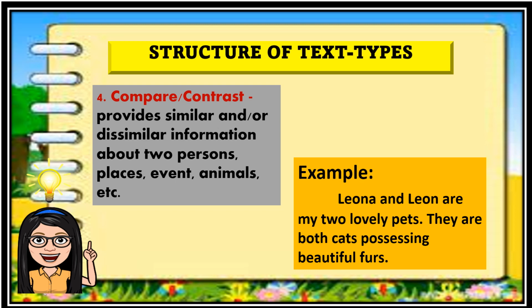Next, number 4. We have compare and contrast. It provides similar and or dissimilar information about two persons, places, events, animals, and etc. This is the example. Leona and Leon are my two lovely pets. They are both cats possessing beautiful furs.